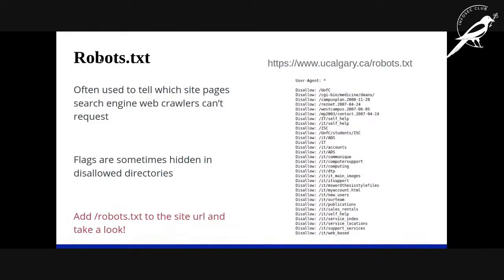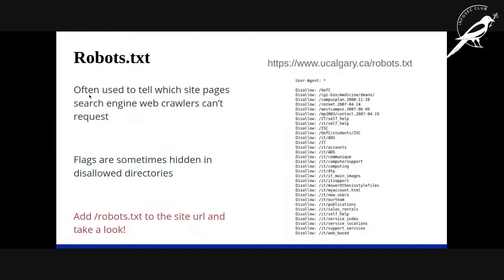And finally, we have robots.txt. This is something that most websites have. What it does is it tells certain applications or certain web crawlers which sites they are not allowed to look at.